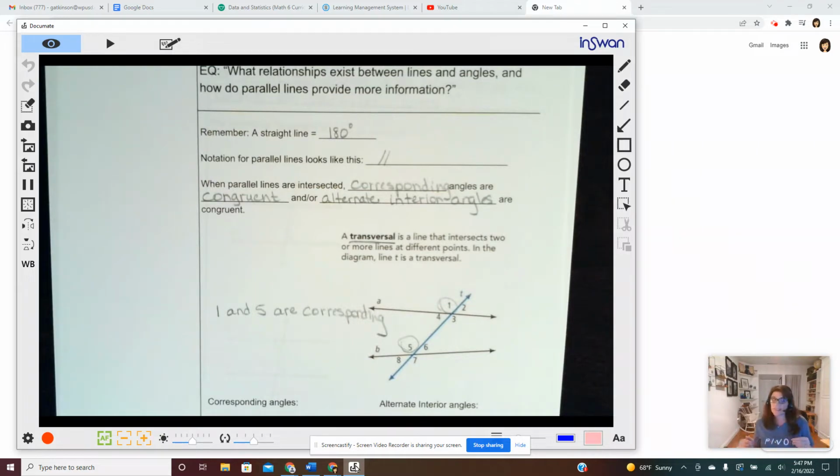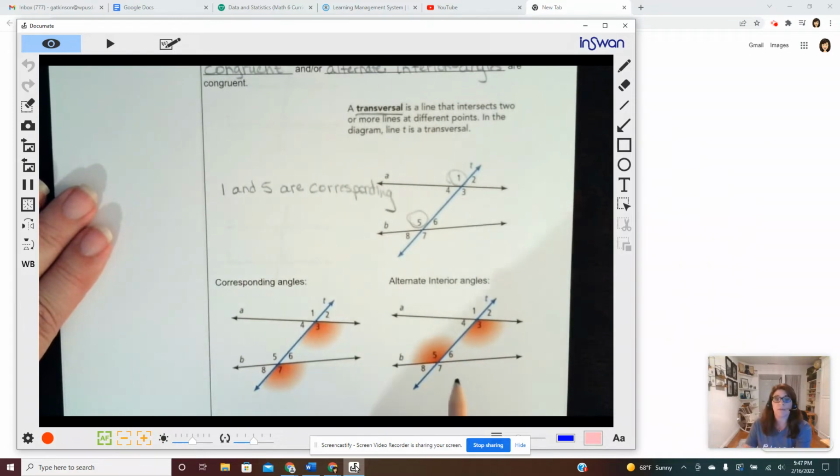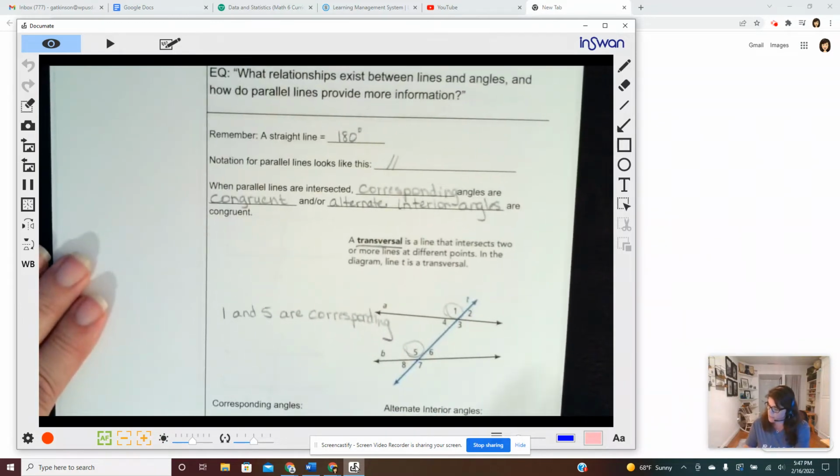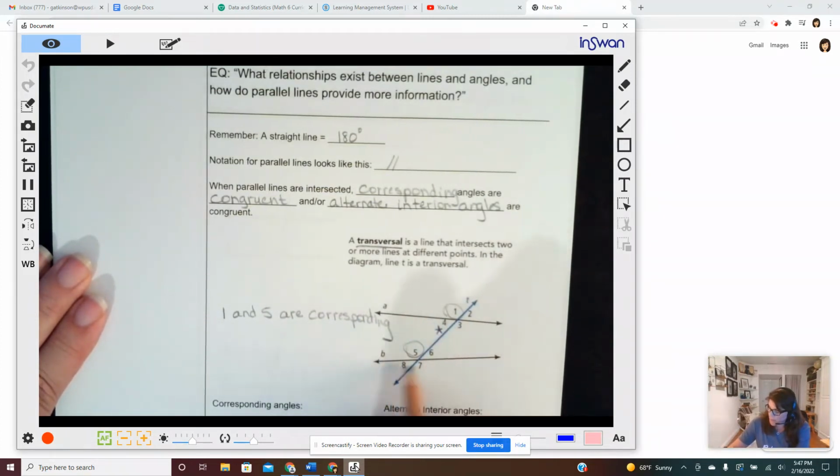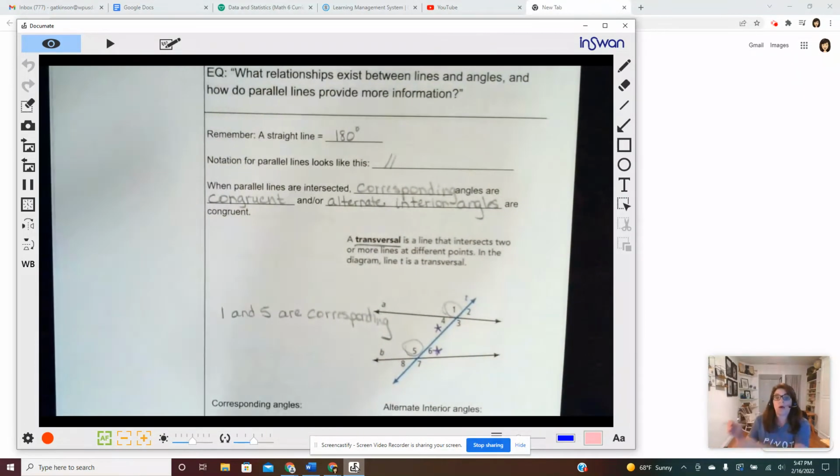But alternate interior is a little bit tricky, and you have a picture of it down here. So 4 is between the two main lines. 6 is between the two main lines, but they are on opposite sides of the transversal.